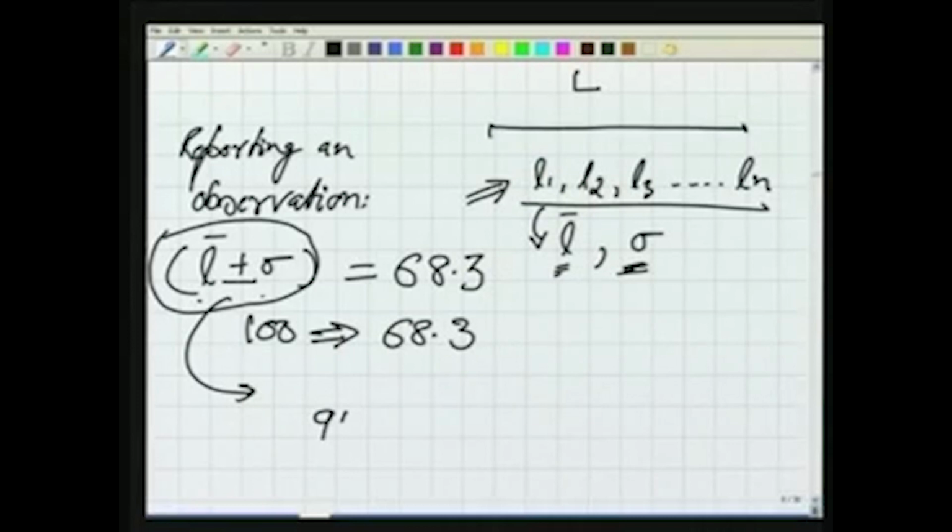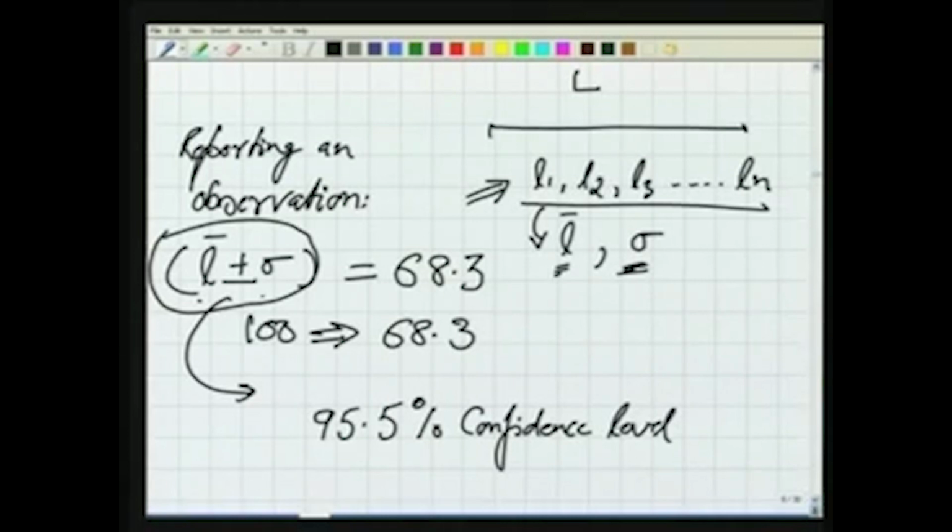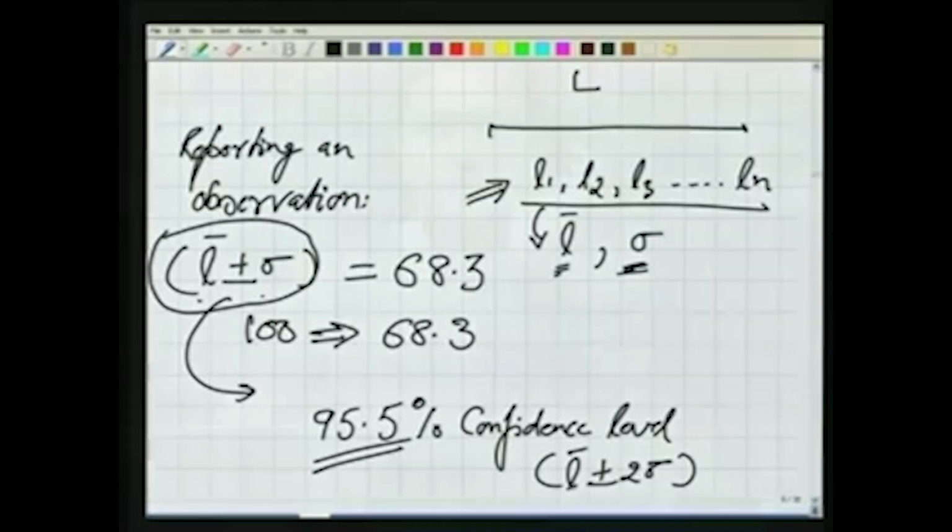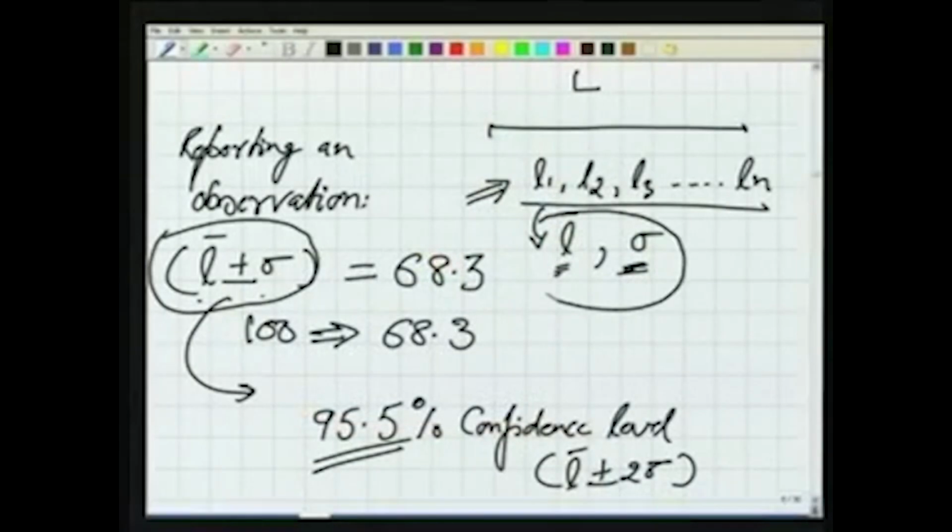For example, let us say at 95.5% confidence, this is a confidence level now. At this level, I can say that my observation is L bar plus minus 2 sigma. What is the meaning? So many times you are sure. For a population, L bar and sigma are the values which you know.